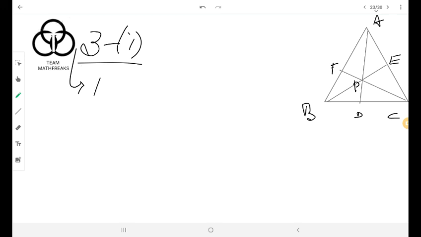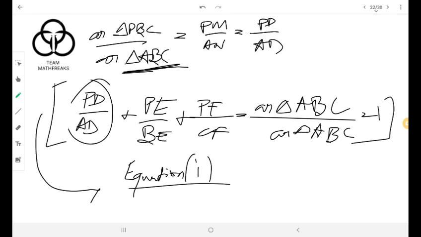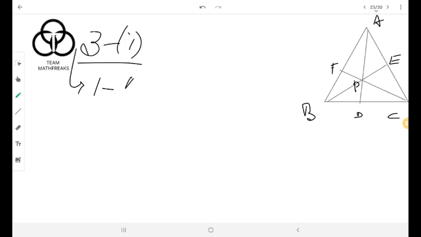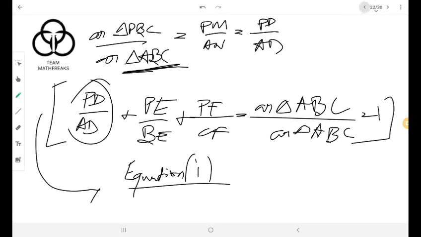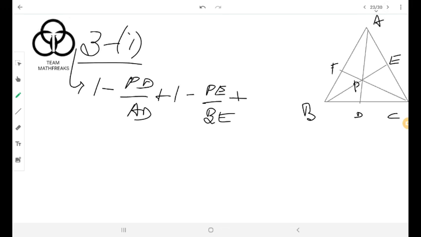We'll get 1 minus PD by AD plus 1 minus PE by BE, and 1 minus PF by CF.